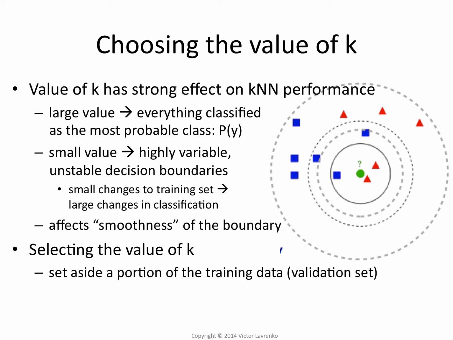The way it's going to work is, for this validation set, you predict the label for every instance in the validation set using kNN with k equals 1, kNN with k equals 2, kNN with k equals 3, and then you look at what value of k gives you the best performance on the validation set. You take that value and use that as the final setting of your algorithm. So you're minimizing the validation error.